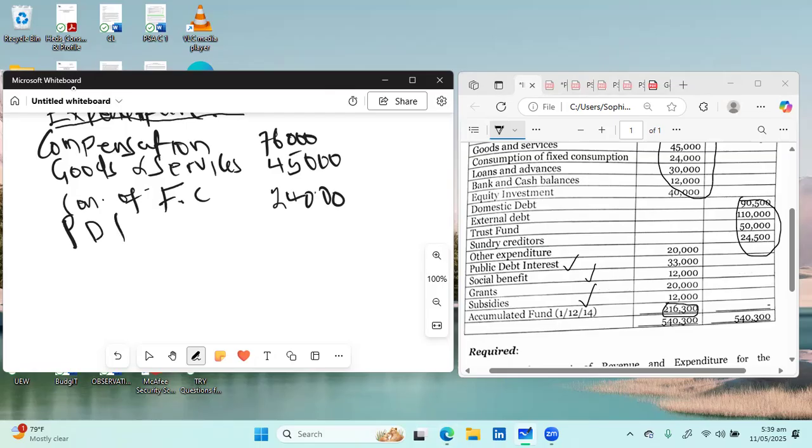How much is it? 33,000. Then we also have social benefits, SB, which is 12,000.